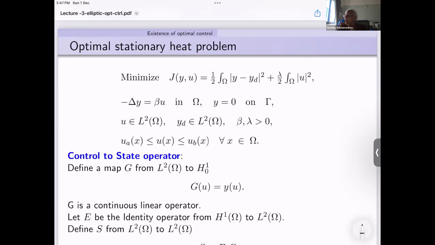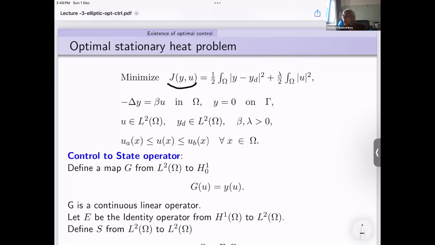Our first step, as we did in the finite dimensional example, is to write J as a function of u. So I have to write y as a function of u. For that, first we define a map G of u to be y of u.